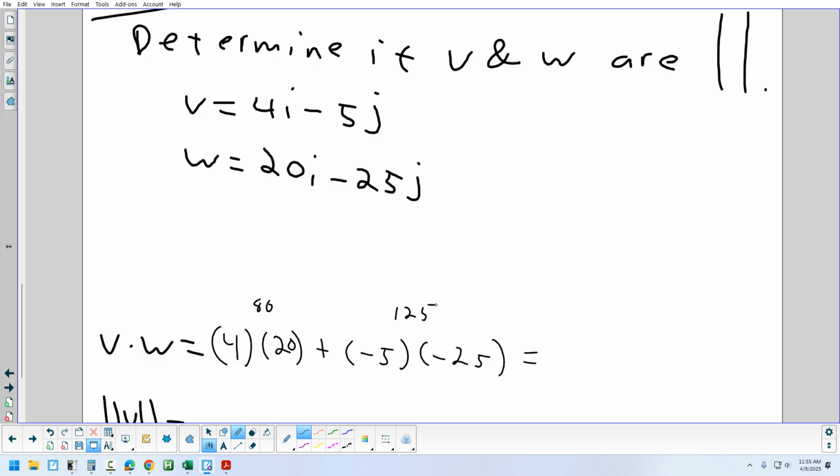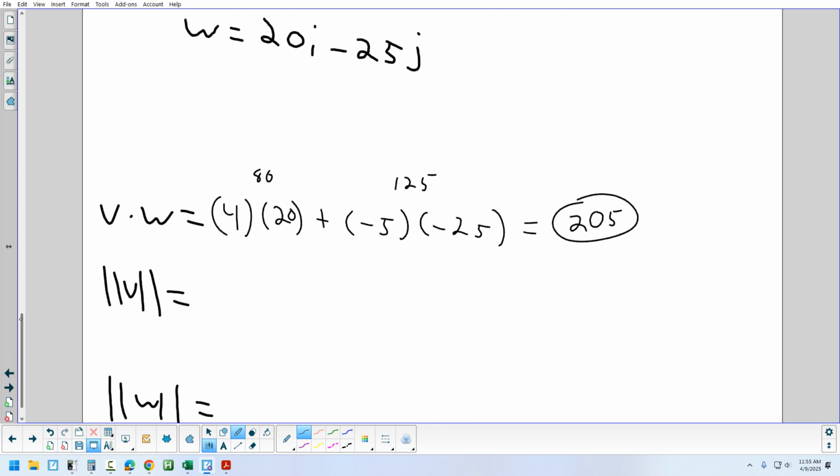Add the two together, and we get 205. Well, there's one thing I can say right away. We know that these vectors are not perpendicular. Do I know if they're parallel? No. But I know they're not perpendicular because I would have had to get 0. Okay, so we've got to keep going.